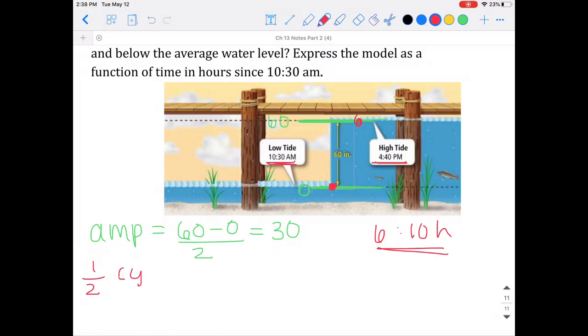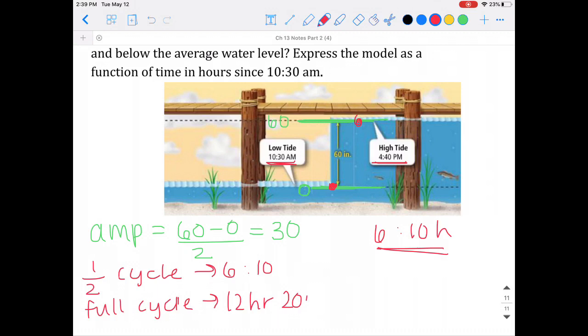So half our cycle is represented by 6 hours and 10 minutes, which means that one full cycle can be represented by 12 hours and 20 minutes.